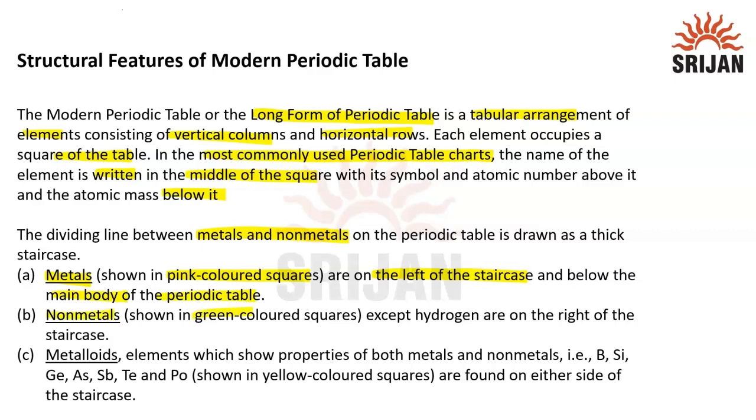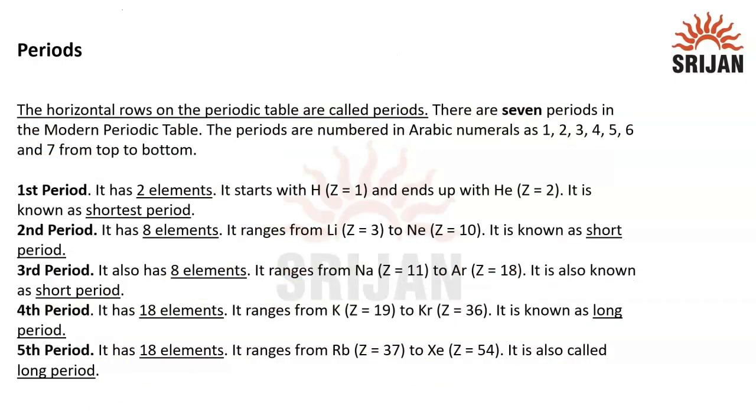Non-metals, shown in green colored squares, except hydrogen, are on the right of the staircase. Metalloids, elements which show properties of both metals and non-metals, that is, boron, silicon, germanium, arsenic, antimony, tellurium, and polonium, shown in yellow colored squares, are found on either side of the staircase.